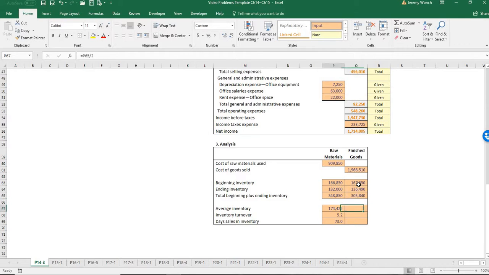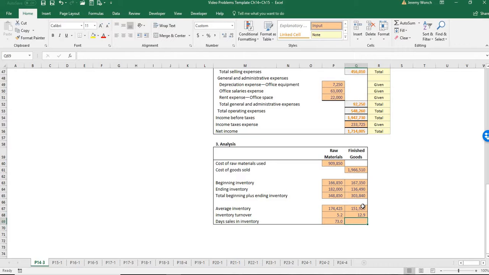Add them together. So to get our average finished goods inventory, just take our total there divided by 2. Then just divide our cost of goods sold by our average inventory.